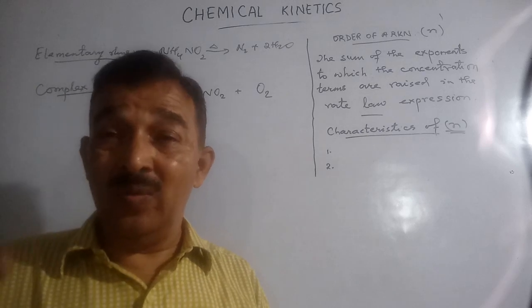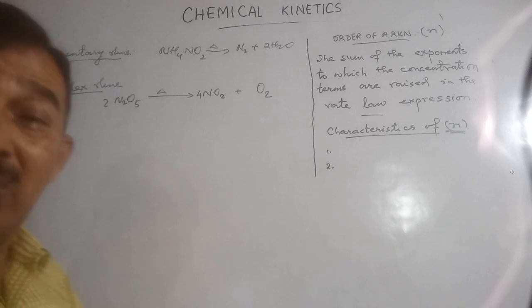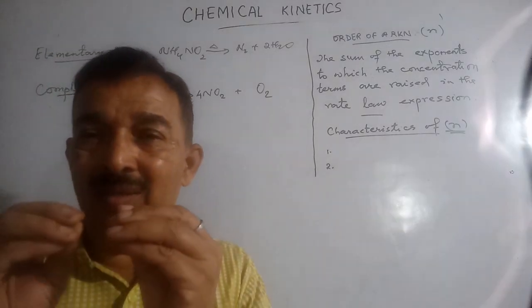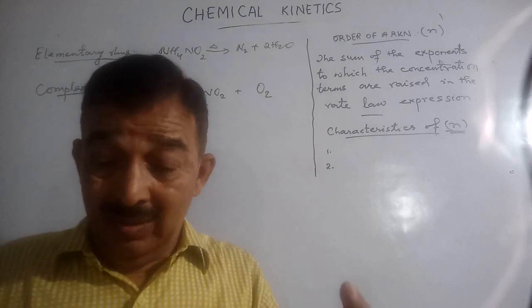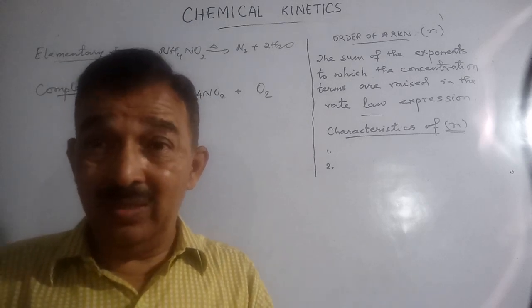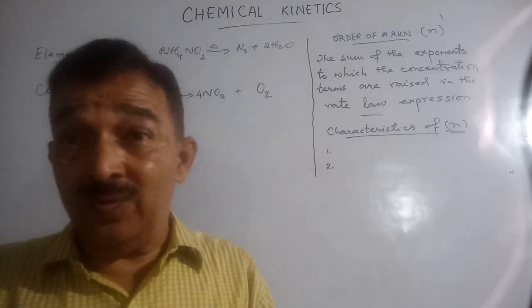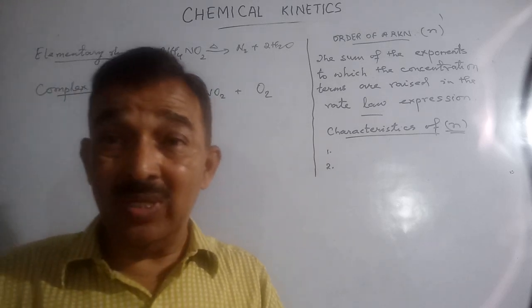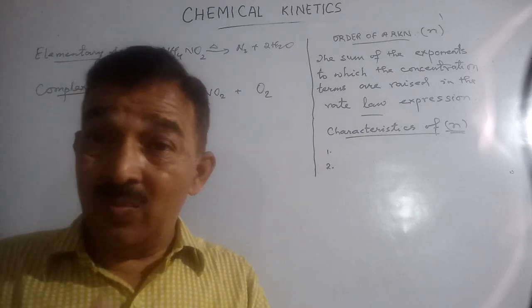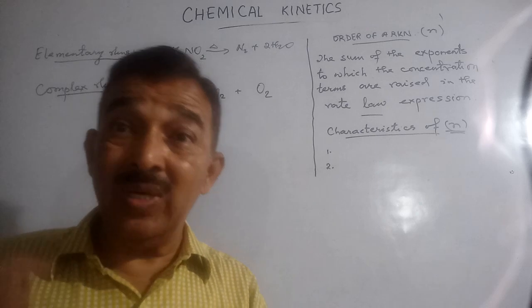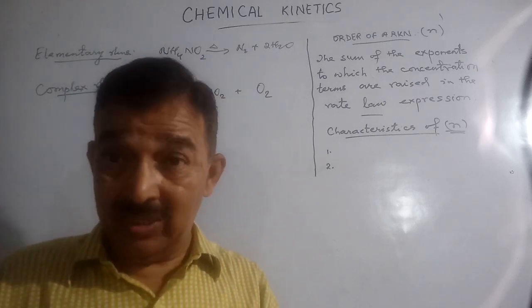It is an example of an elementary reaction, and the other one is complex reactions. In a complex reaction, the colliding species or reactants do not give a stable product in one step, so it must take place in more than one step to give the final stable product.